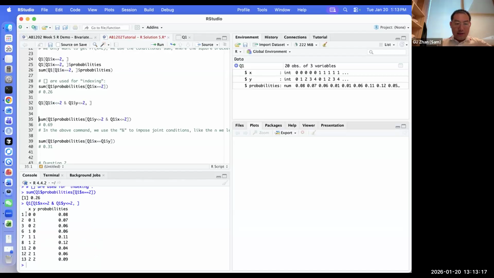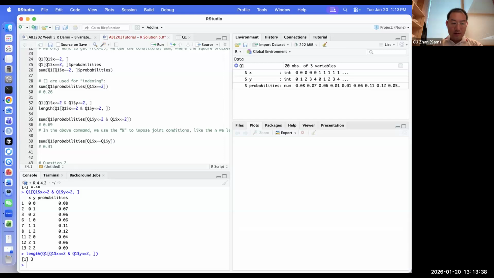So x less or equal to 2, y less or equal to 2: all the combinations where x and y are less than or equal to 2. How many individuals are there? I'm not sure. I can use length to find out.